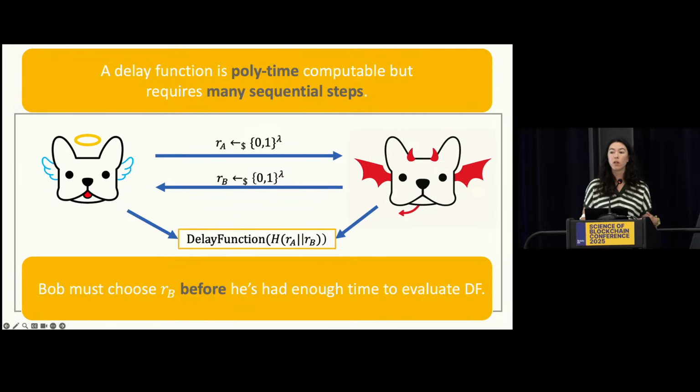So now the protocol imposes some specified duration where Alice and Bob can contribute. They must contribute during that time. And then the output is obtained by evaluating this delay function. So crucially, Bob has to choose his contribution before he's had enough time to evaluate the delay function. And so he can no longer perform this attack where he chooses his input to induce an output of his choice.